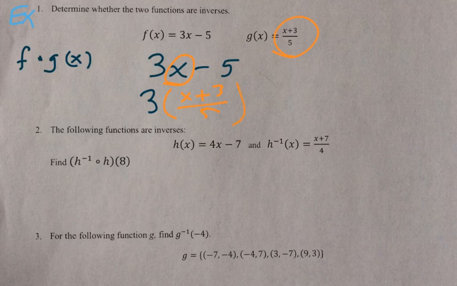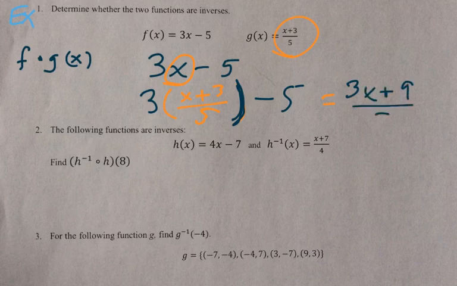And hopefully you notice that something funky is going to happen. Or not funky enough happens. Nothing cancels here. So if I multiply this out, this is going to be equal to (3x plus 9) over 5 minus 5. And that's as simplified as it can go.